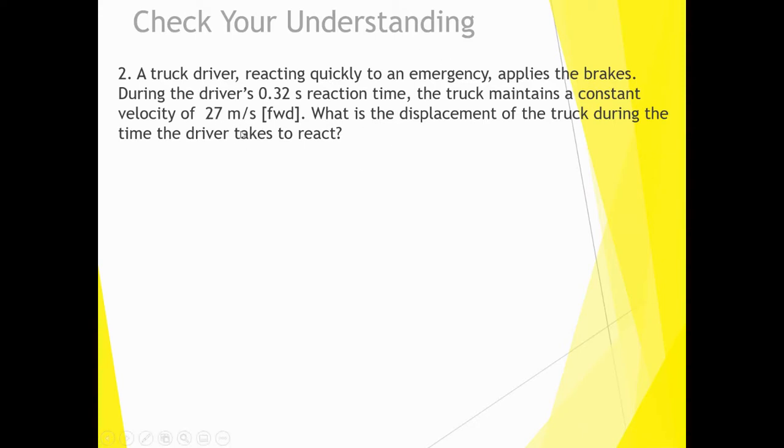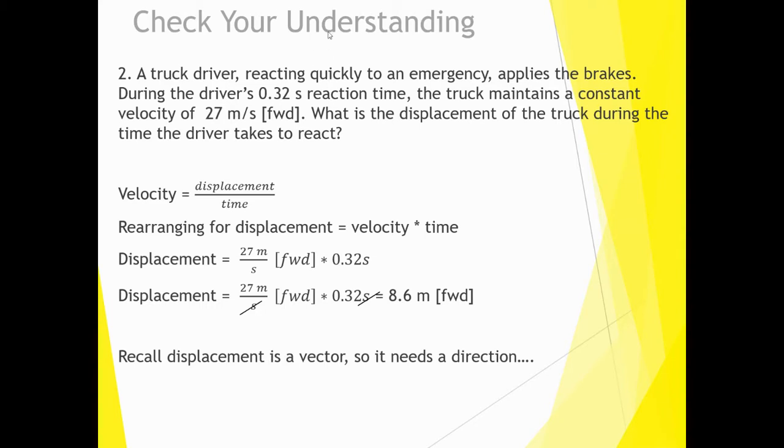So we have an average velocity, we have a reaction time, so we need to rearrange our equation for velocity, displacement over time, to solve for displacement. So in this case, displacement equals velocity times time. So displacement equals 27 meters per second forward times 0.32 seconds. And we end up getting 8.6 meters, in the forward direction. So don't forget that displacement is a vector, so it needs a direction.